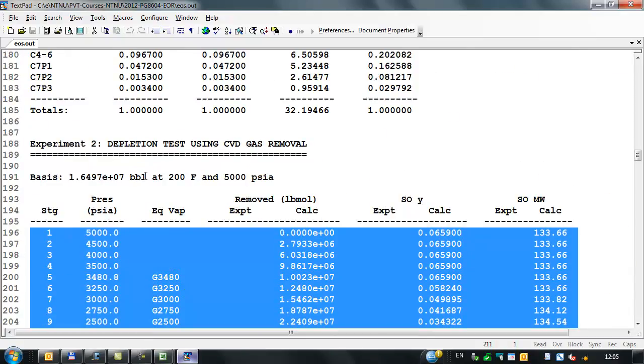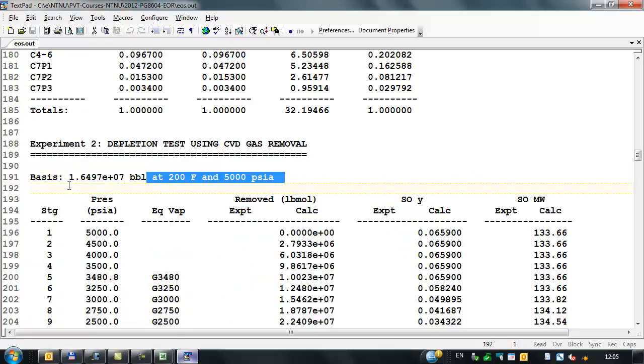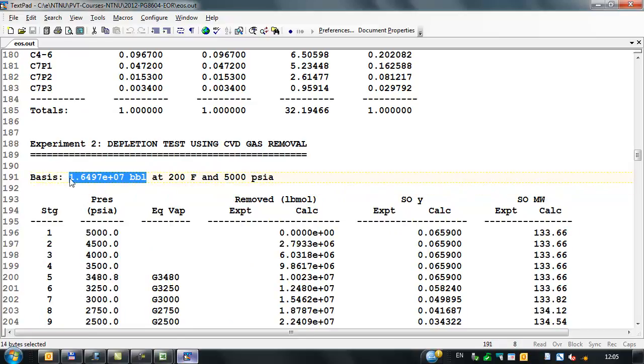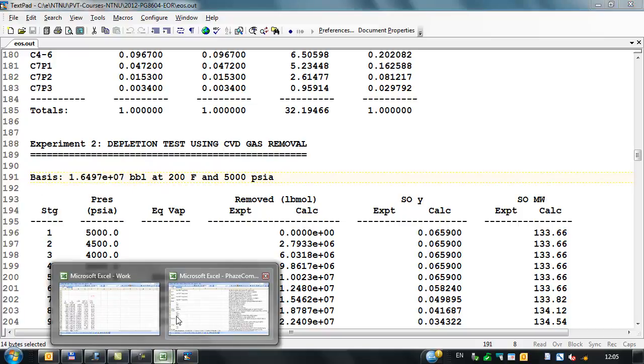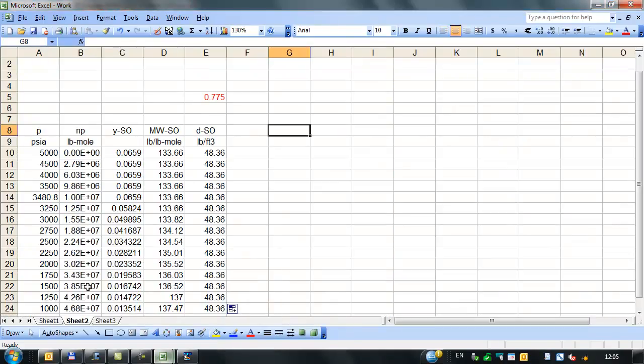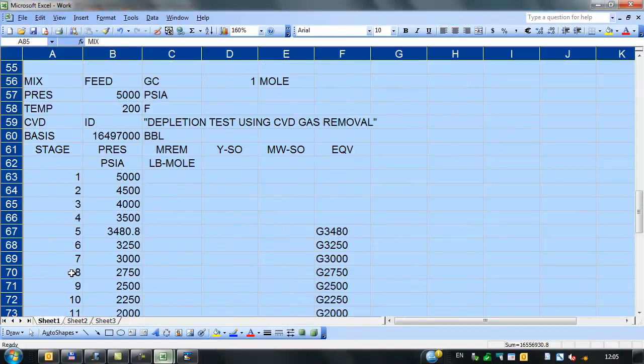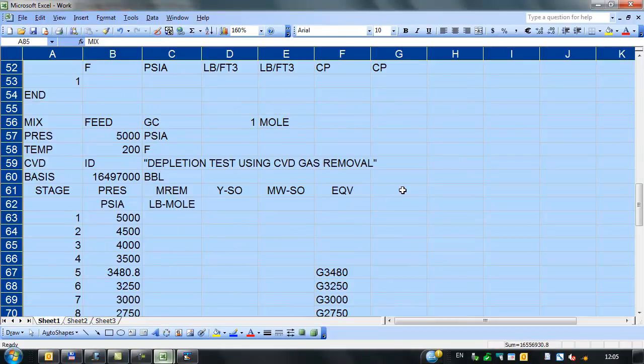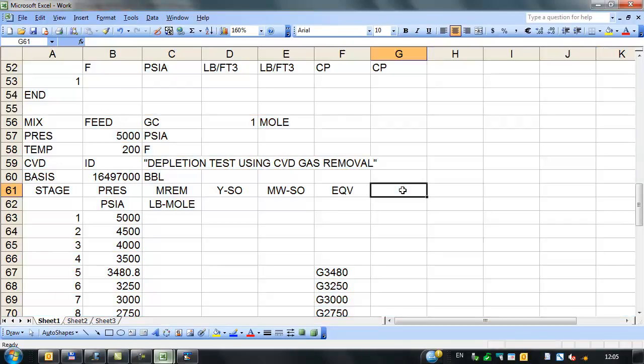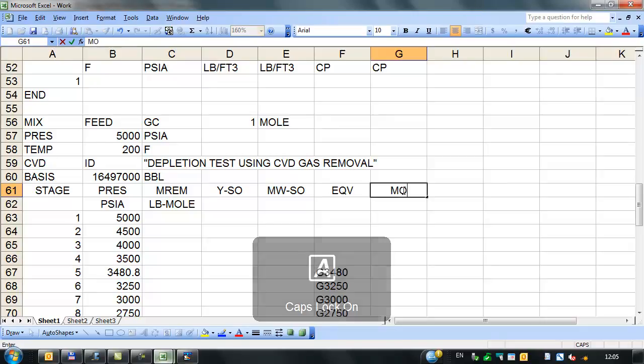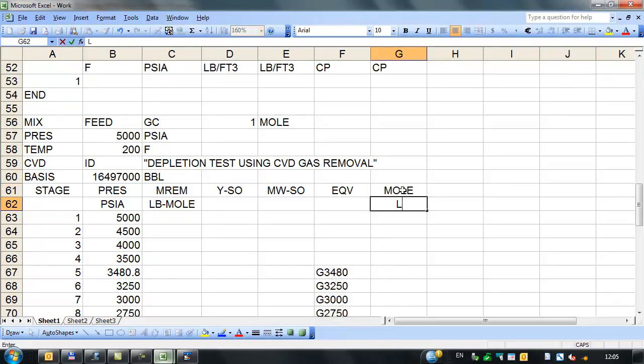We got this many barrels, but we need to know how many moles there are, right? And right now it only tells us the moles removed. So what we're going to do is ask for this also to give just the moles. I think it's just written like that.